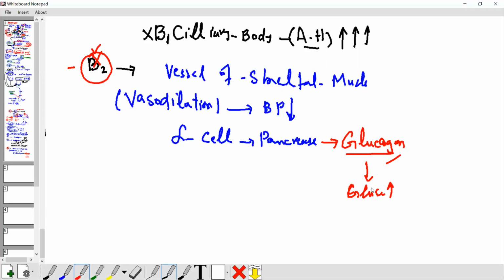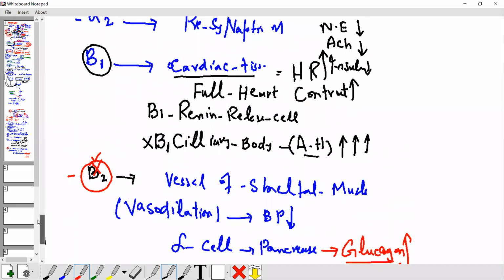The sympathetic system decreases insulin, through the alpha 2 receptor, and increases glucagon. What is the net result here? The sympathetic system increases your blood glucose level. When the sympathetic system is excited, blood glucose level increases. Clear? Because glucagon increases.